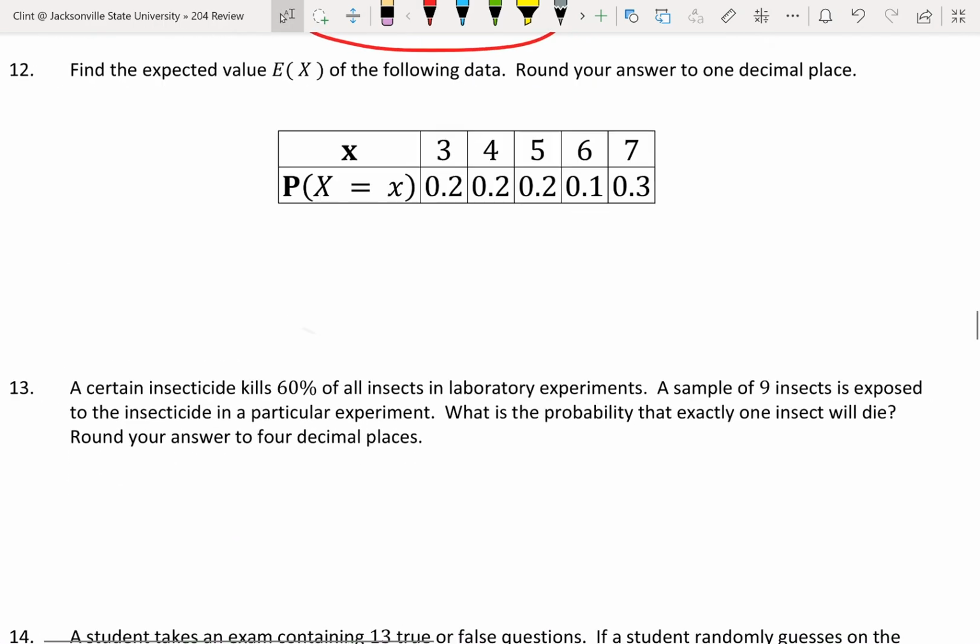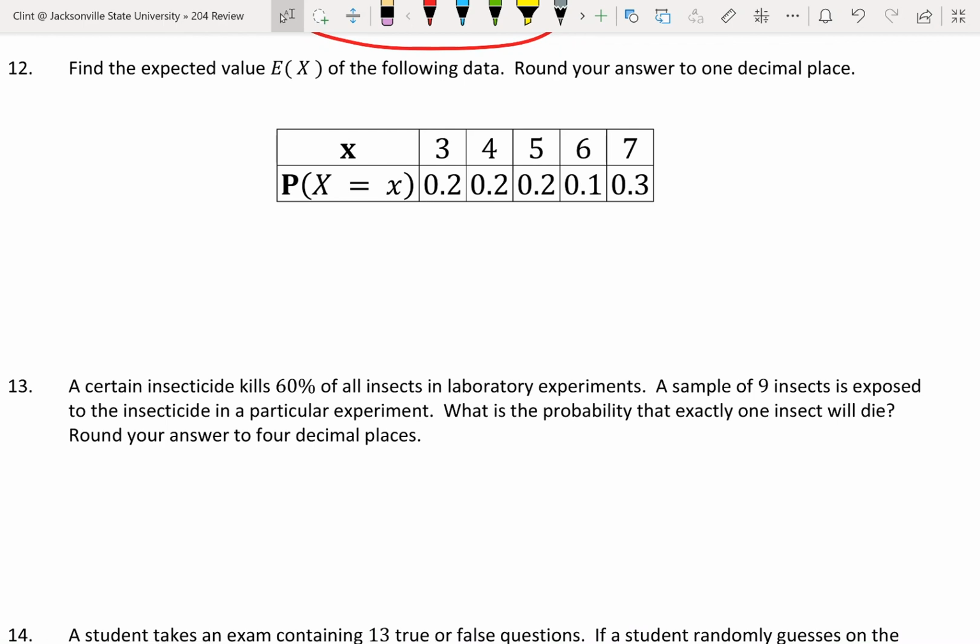Okay, number 12 is find the expected value of x. So expected value is a formula on the formula sheet, but all we have to do is take each outcome, multiply it by its probability, add all those together.